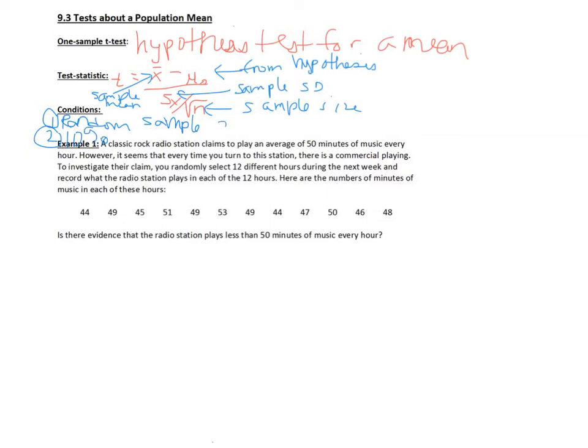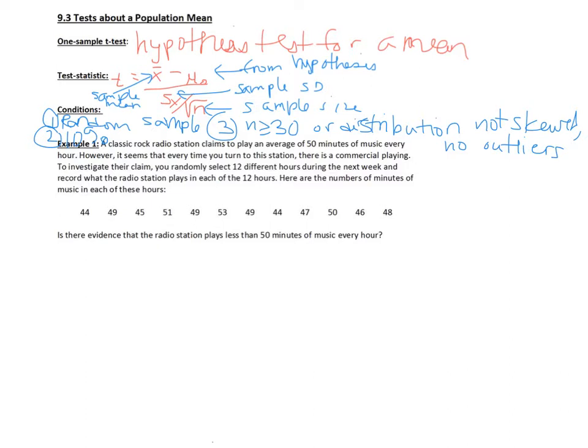And the third condition will be either that n is greater than or equal to 30, or you have a distribution that is kind of close to normal. You can just say a distribution that's not skewed and no outliers. So it's the same idea as what you had before.